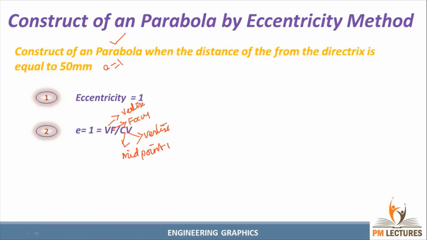Here, VF is one part and CV is also one part, so automatically they cancel and e is equal to 1. So the vertex will always be at the midpoint of the distance between the directrix and the focus.